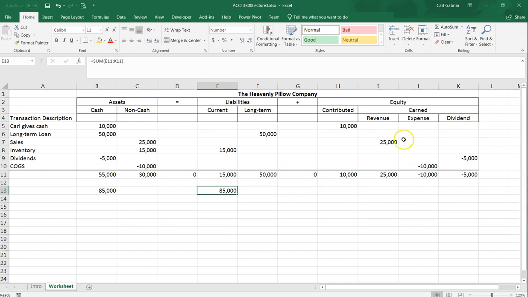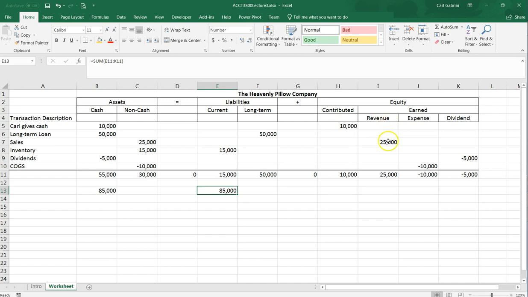And again, what was our net income for the period? Our net income for the period was $25,000 minus $10,000, or $35,000. That's our income statement. What does our stockholders' equity tell us? Stockholders' equity tells us that we had $10,000 in contributed capital, which could be just common stock.